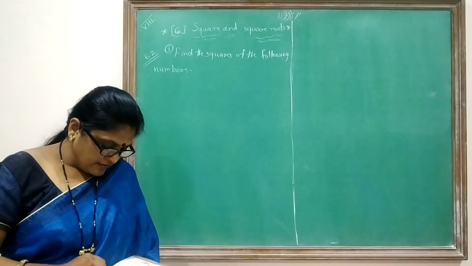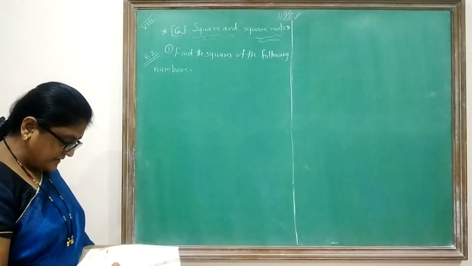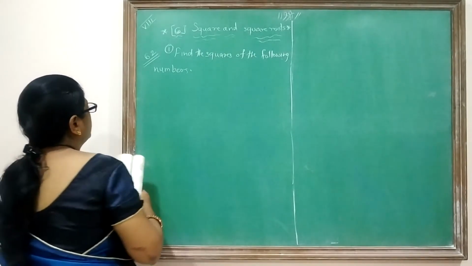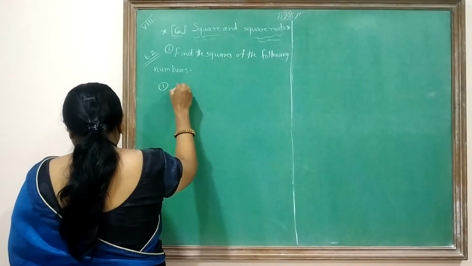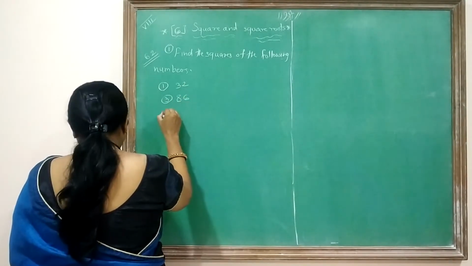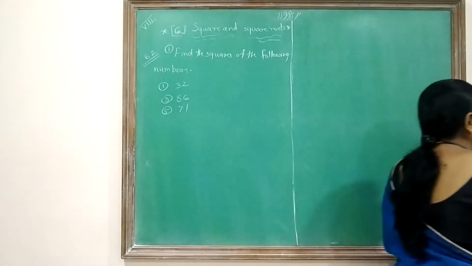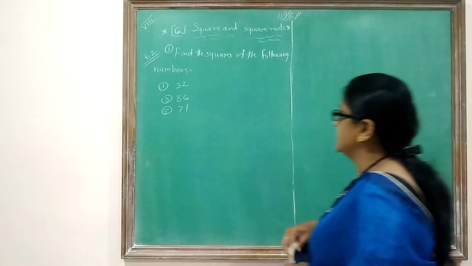Here 6 examples are given. These examples are the same. Your first example is 32, your third example is 86 and your fifth example is 71. All examples are the same type, you can do them the same way.